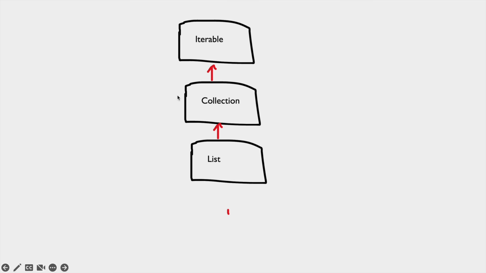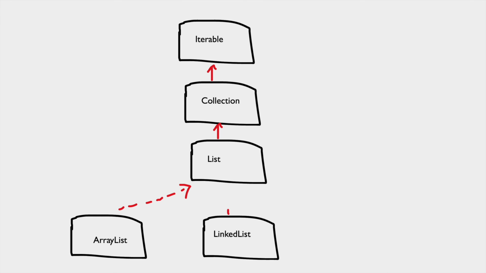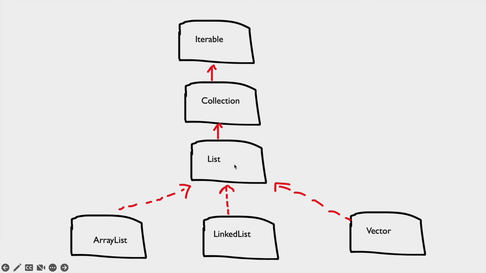As we know, for the collection interface there are no direct implementations, but the sub interfaces of collection have implementation classes. So for the list interface there are some implementation classes. The most commonly used and most important implementation classes are array list, linked list and vector. These three are the most important implementation classes for the list interface.